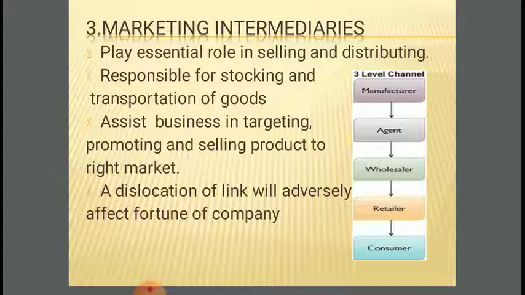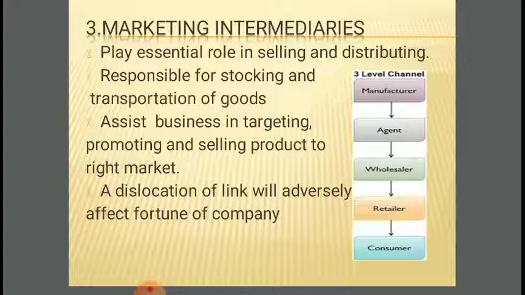HP wanted to sell their laptops in an open market. They wanted to go for direct selling, and due to that reason they eliminated the channel of distribution. But what was the result? After elimination of the channel of distribution, their sales started to decrease, and after knowing the decrease in sales, again they reappointed the channel of distribution.